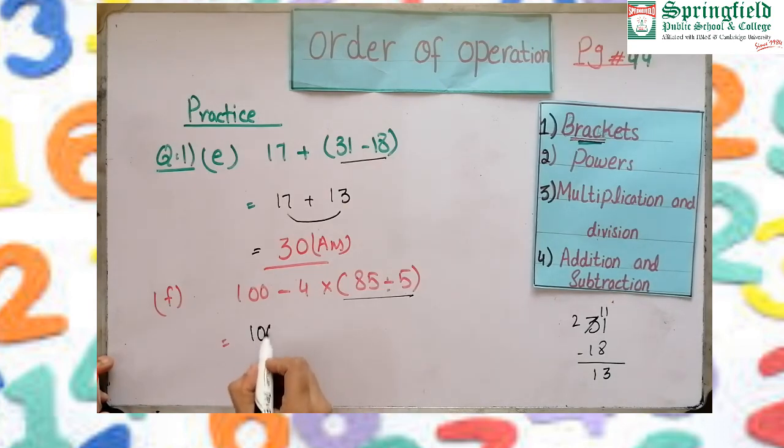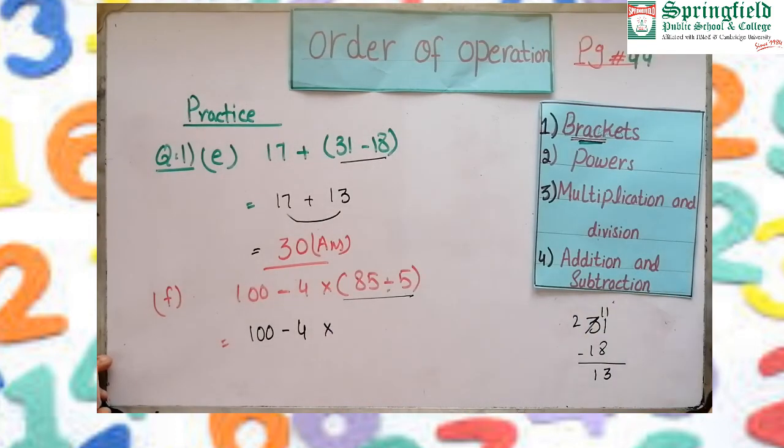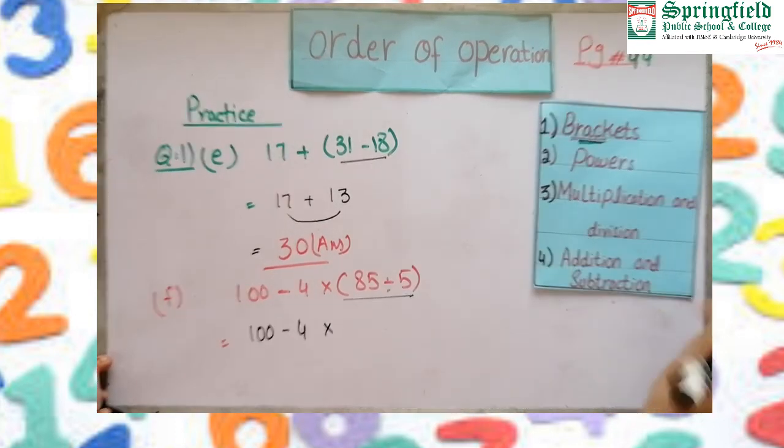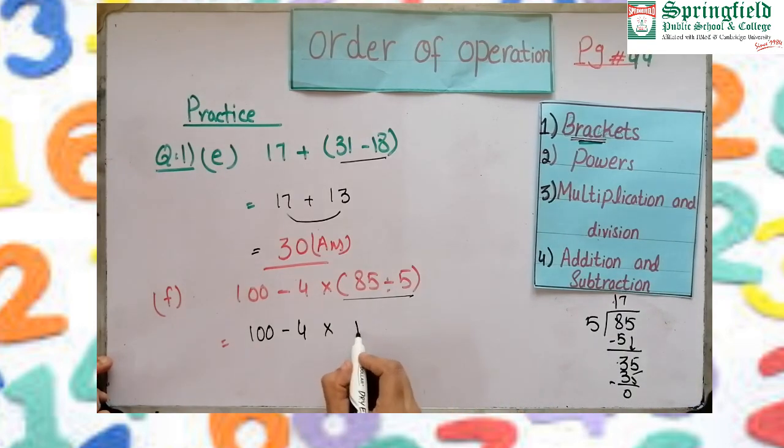So 100 minus 4 multiply 85 divided by 5. What will be the answer? 85 divided by 5. 5 ones are 5, and then 8 minus 5, 3, and then 5 sevens are 35. It means 17. When we divide 85 by 5, we will get 17.